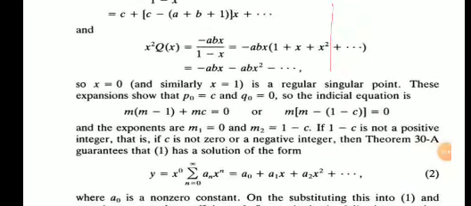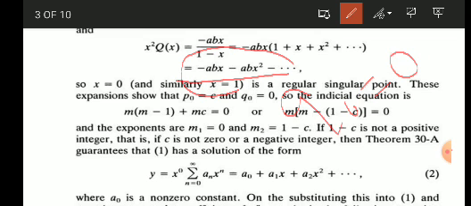Here, x into p of x is of the form p naught plus p1x plus etc. Therefore, the constant is p naught, that equal to c.